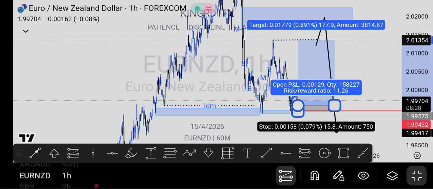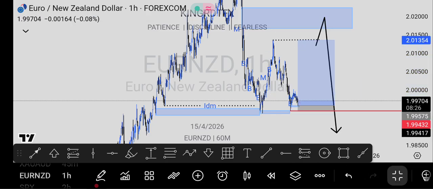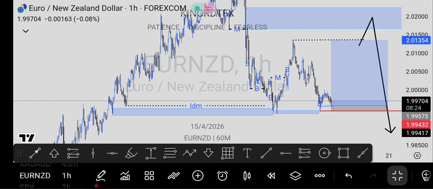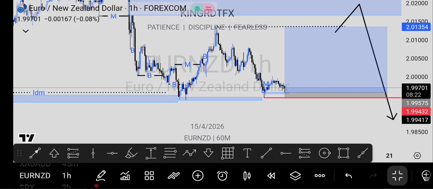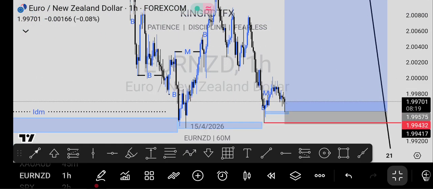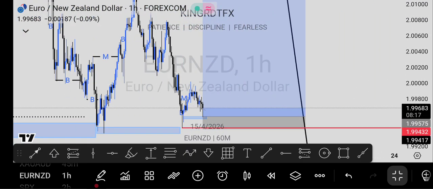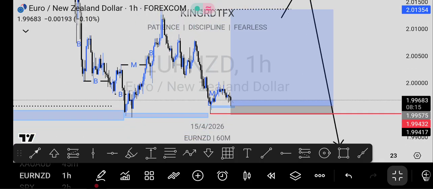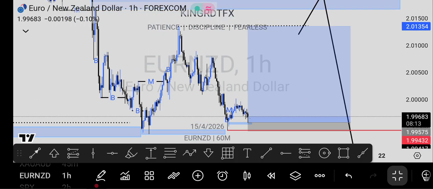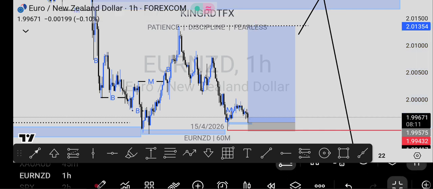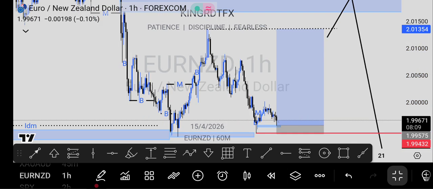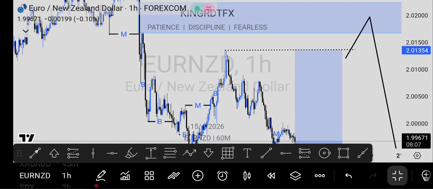Which is this one here. This is where I would have entered, right? You see how price is rejecting nicely there. You see, that's my entry, right?